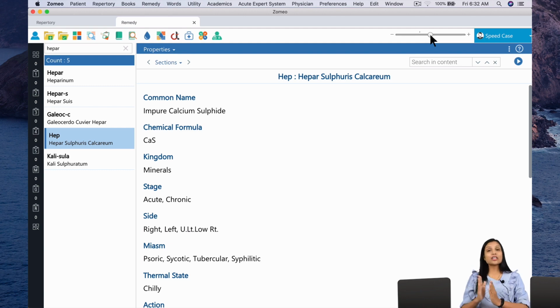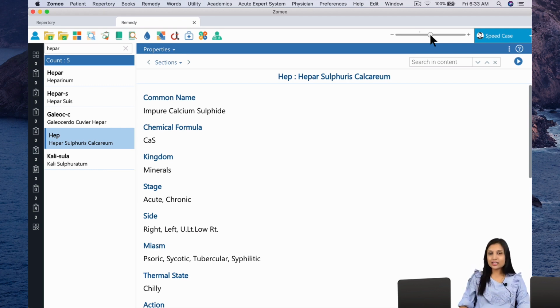For that, we need to look into how this remedy is prepared. Let us read about the information about Hepar Sulph from a source book. And what better source book than the book written by the father of homeopathy himself? We will be reading Hepar Sulph from Chronic Diseases.